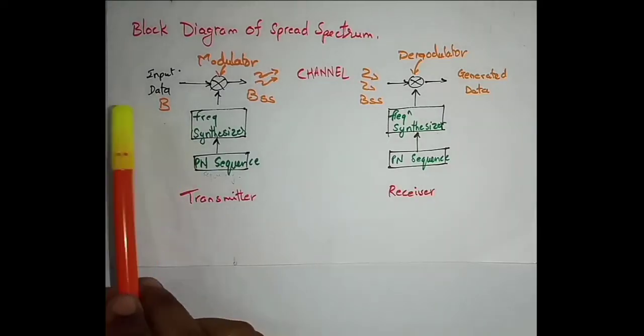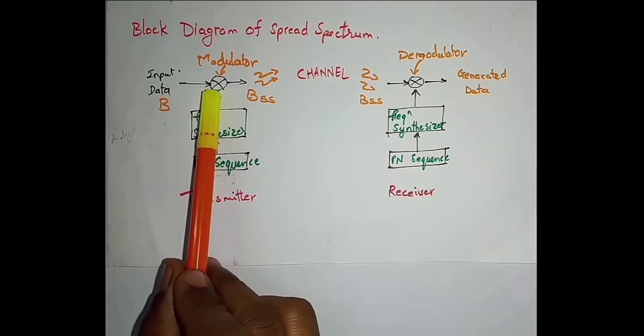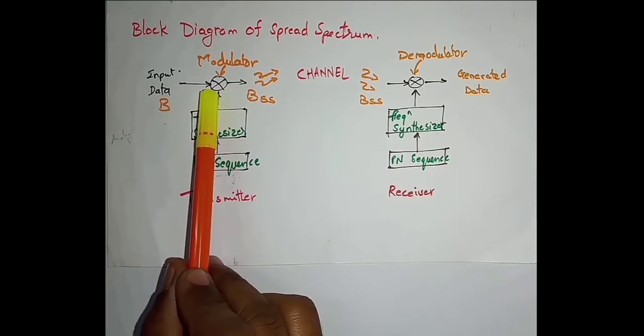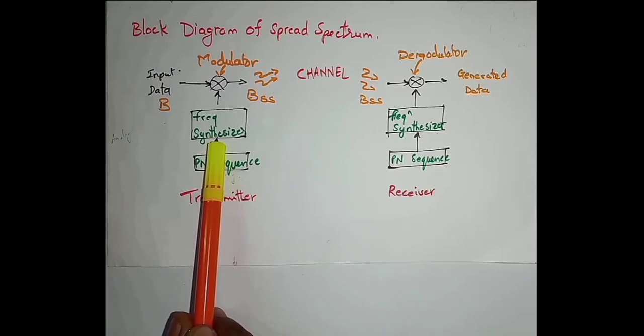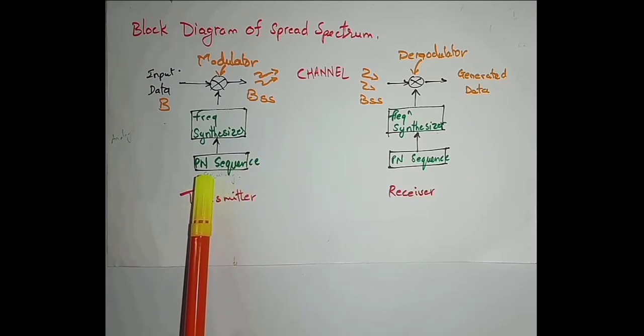Here we can observe that the input data has a bandwidth B, which is given as an input to the modulator. It has a second input provided by a frequency synthesizer, which has a PN sequence.